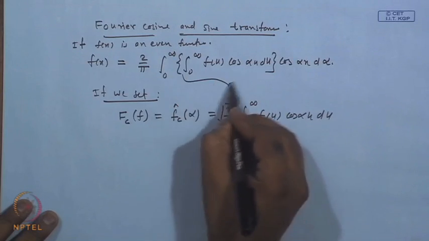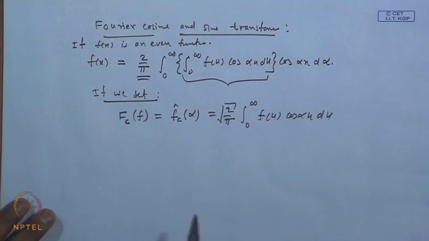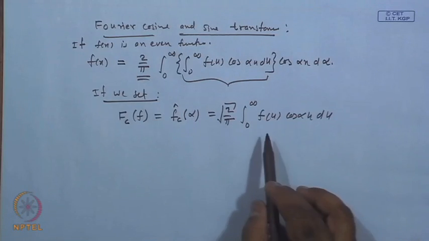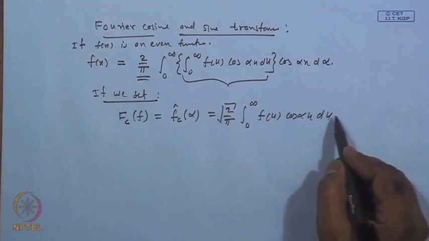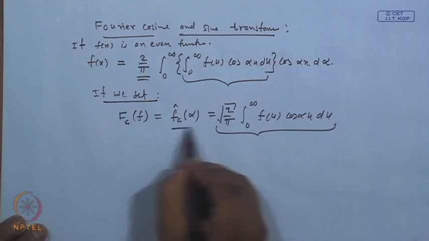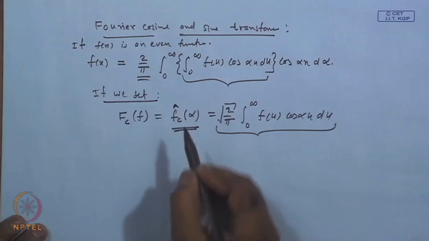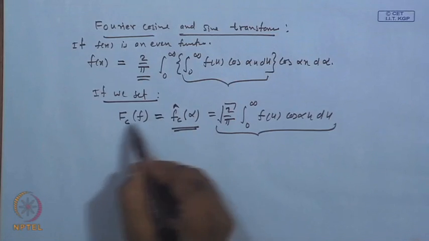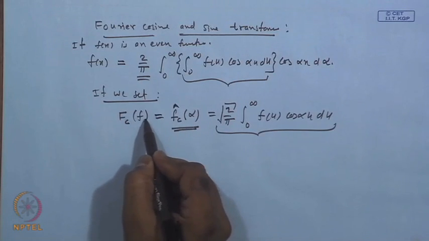So, basically this part, and we have taken here square root 2 over pi. This part we name f c hat of alpha, and we will call it the Fourier cosine transform of f.